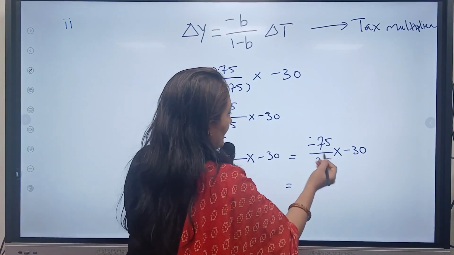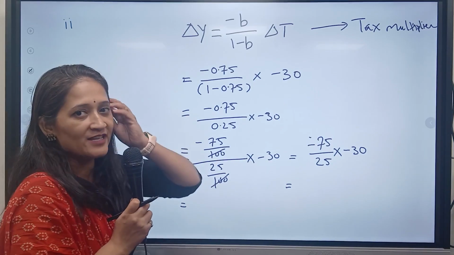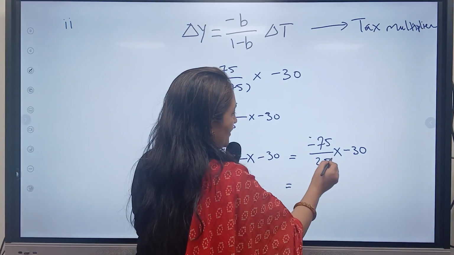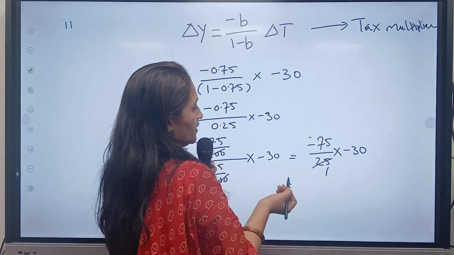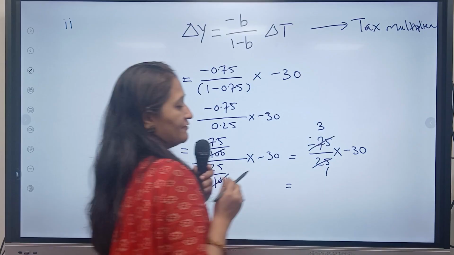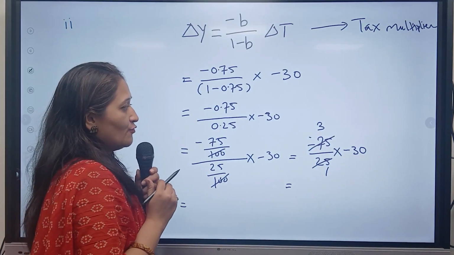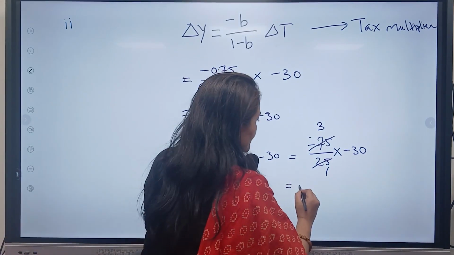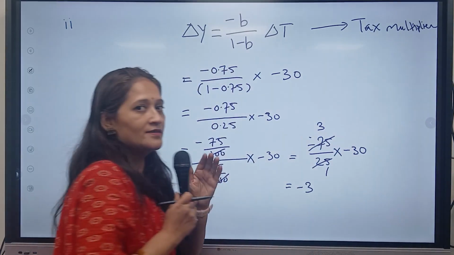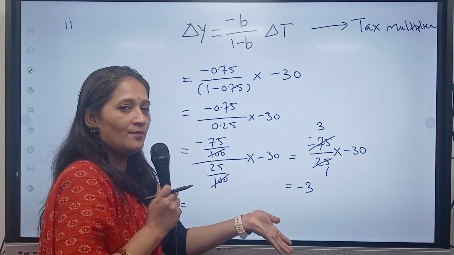Here we can directly find out the value of the tax multiplier. 25 ones are 25, 25 threes are 75, right? So the value of the tax multiplier is minus 3, because there's a deduction in the income when there's a tax.